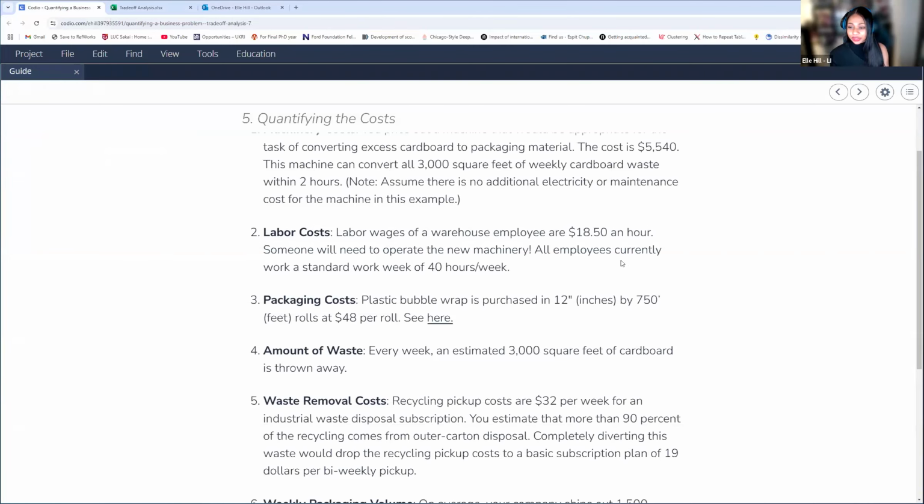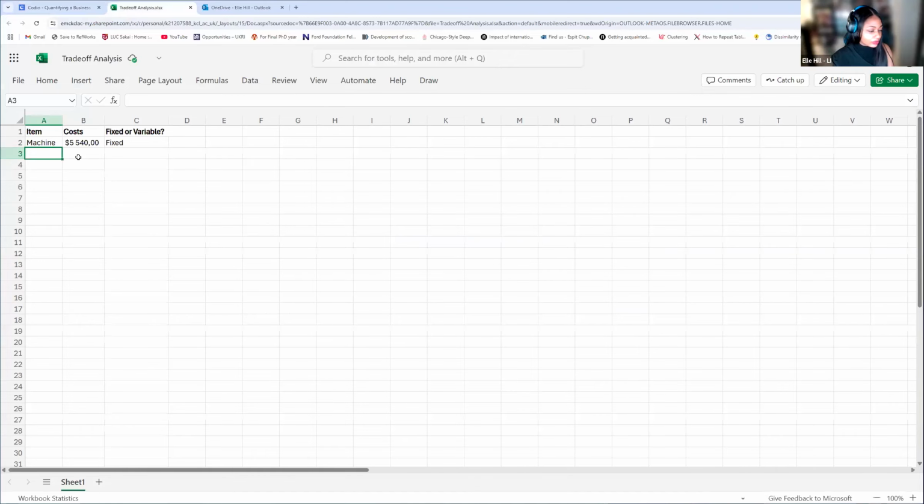All employees currently work a standard work week of 40 hours a week. So considering that someone's going to have to work this machine, is this labor cost for the machine overall going to be fixed or variable? So we'll just put this as labor.